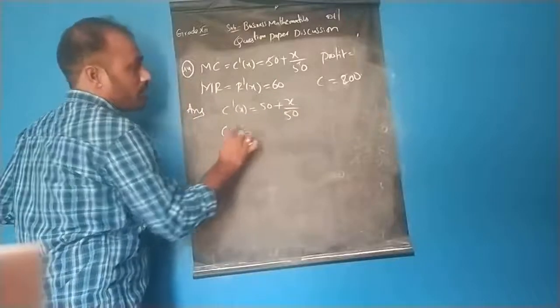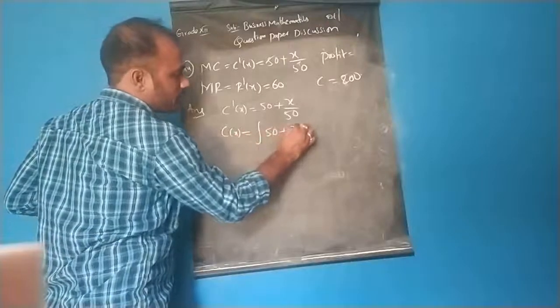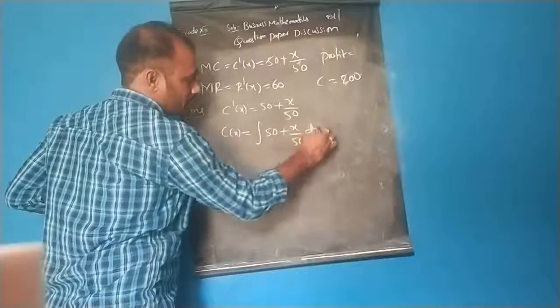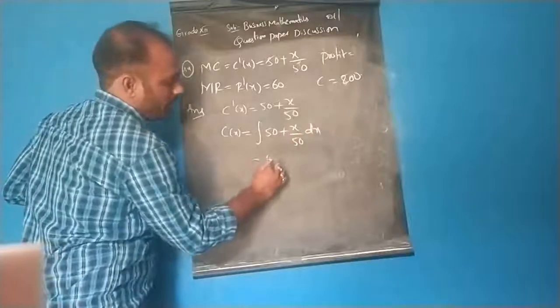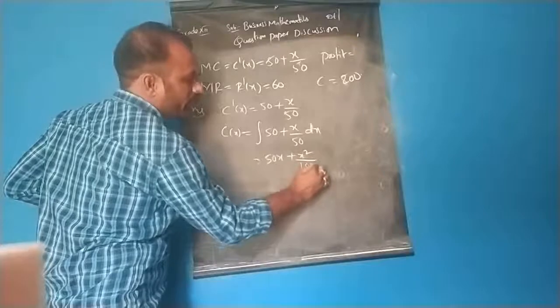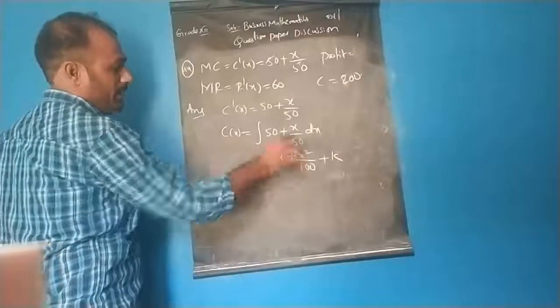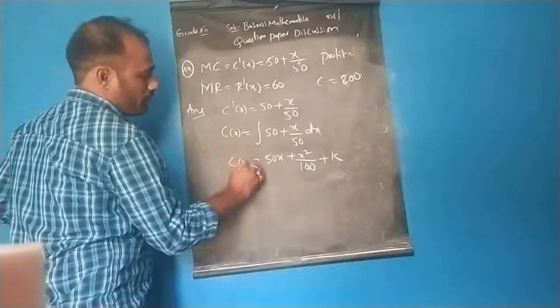So total cost will be integral 50 plus x by 50 dx. So 50 for a number, it will be 50x plus x square by 100, 50 times 2 is 100, plus some arbitrary constant, which is k. So here it is c of x.